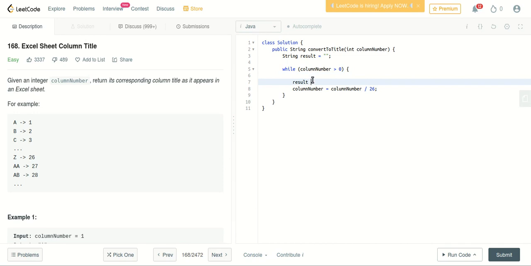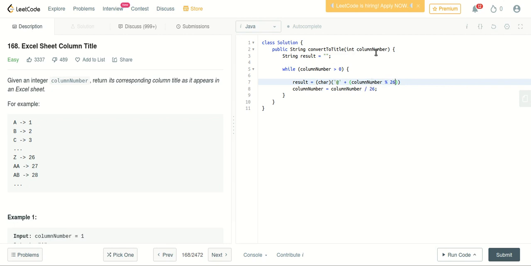Our result would be equal to a character, and that character would be '@' plus the column number's remainder after dividing by 26.